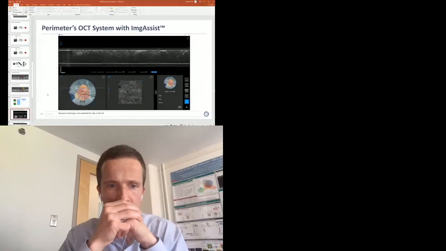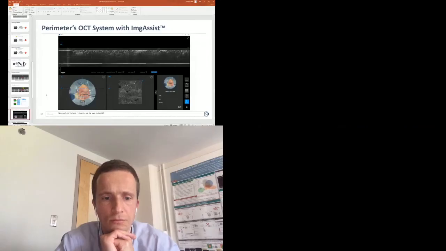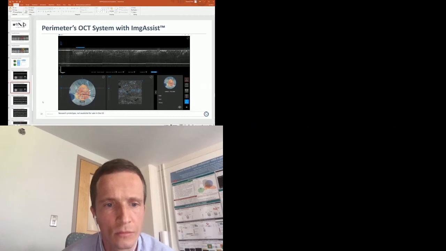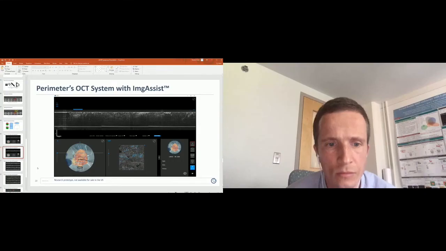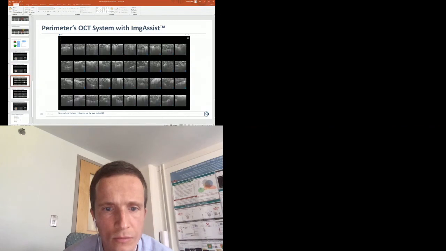And here's an example of how it looks in our prototype user interface. Here you have the wide field OCT, with an en face image below, the photograph of the specimen. The algorithm processes the 3D volume, or the stack of B scans, and highlights the suspicious areas. Then the user can click a button, and it quickly gives you an overview of all suspicious areas found in the stack.